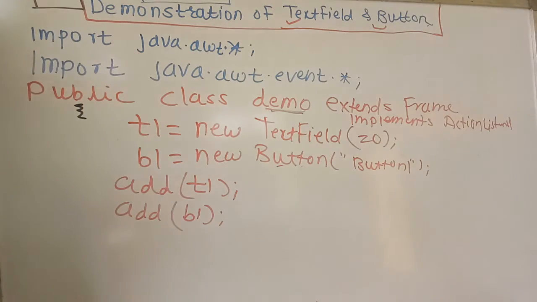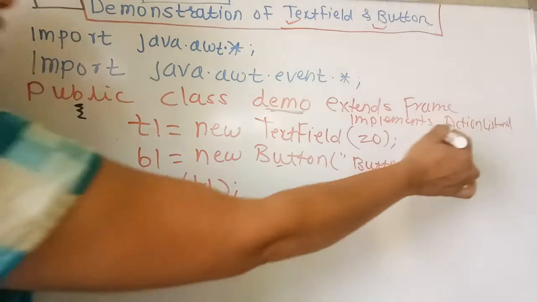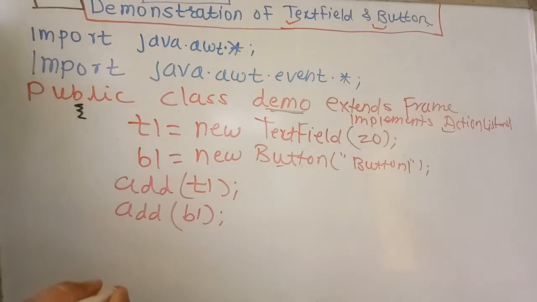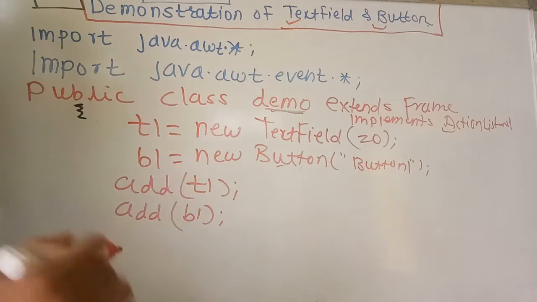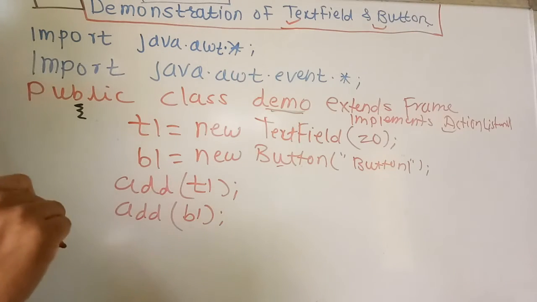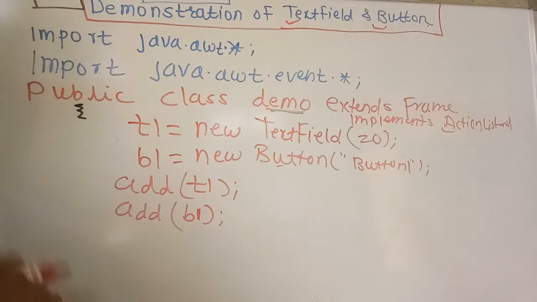Now, as I have told you, we have to handle the click event. That means when you press any button, what will happen? That mechanism can be handled with the action listener. So we have to apply the action listener on each thing that you want to click. Suppose it is a button. If you want to click a combo box, then it can also be applied on the combo.